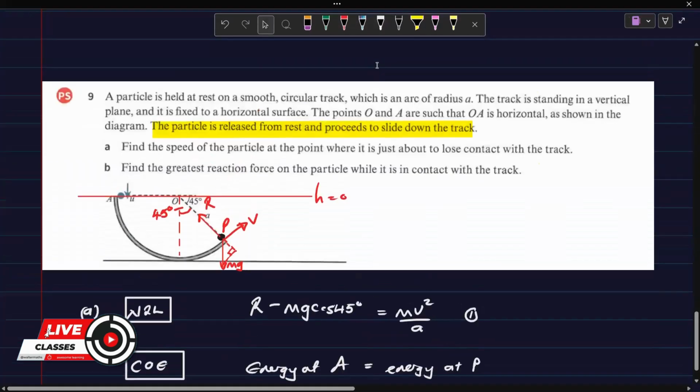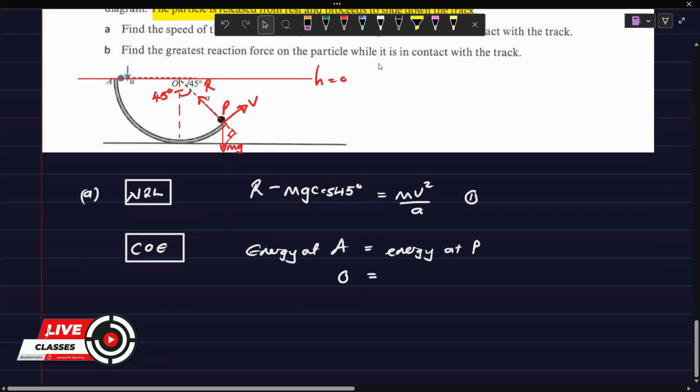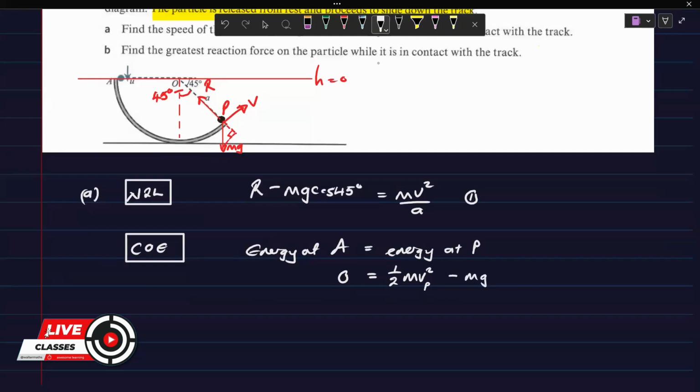And at P, the kinetic energy will be half m v squared, and that's going to be minus mga cos 45 degrees, because the vertical distance from h equal to 0 is a cos 45 degrees.